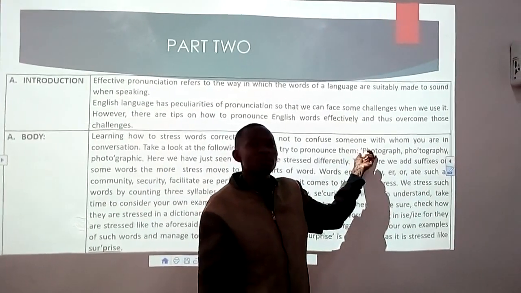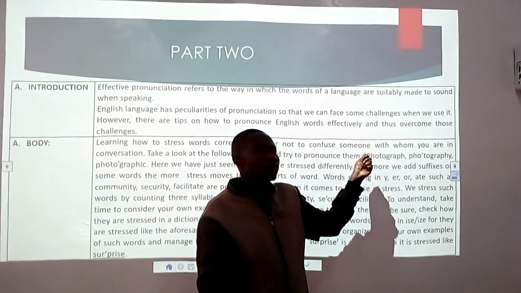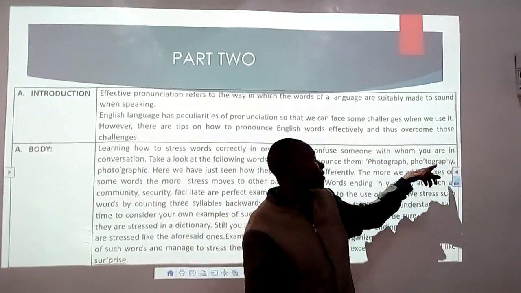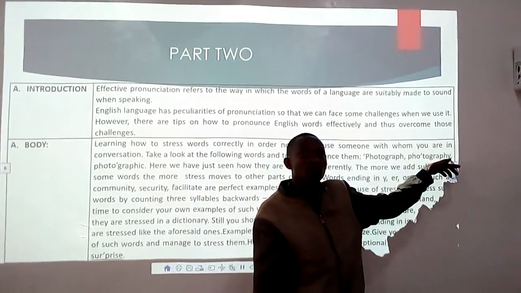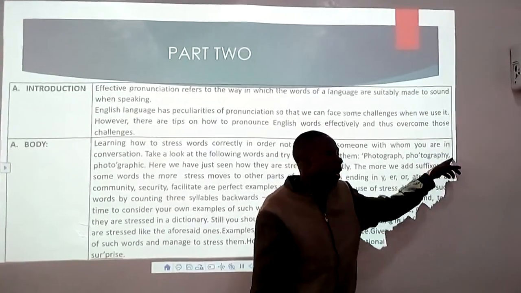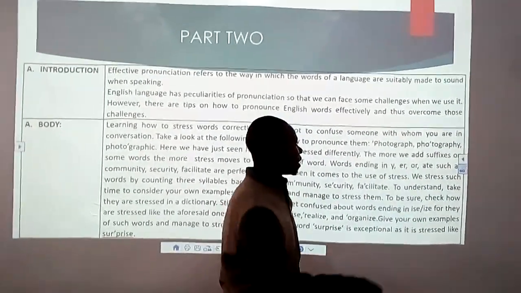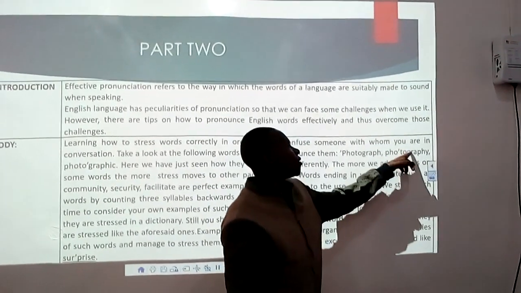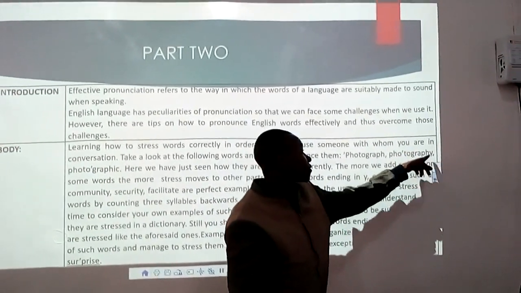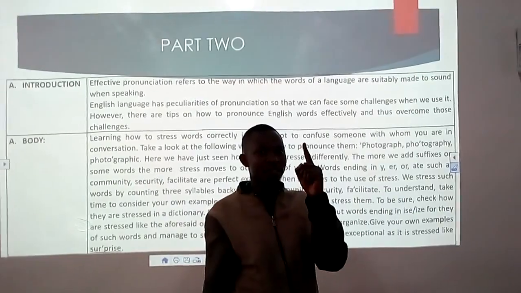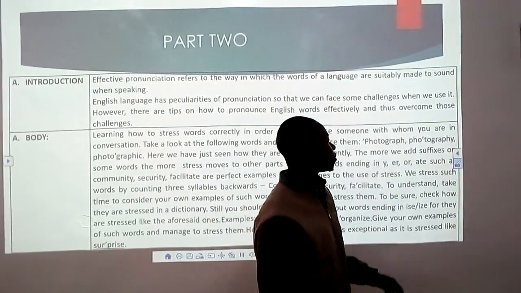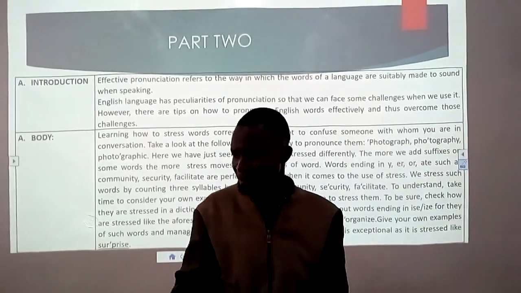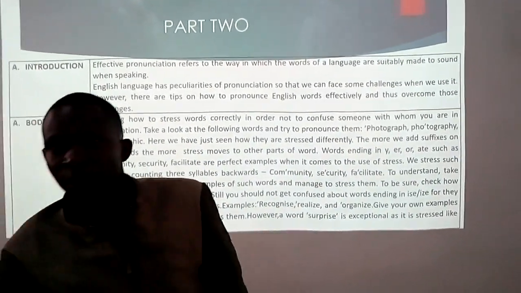Why did this stress move? This stress has moved because of the fact that we have added the suffix here. Okay, we have added the suffix here, y. Okay, why so? Why can't I put the stress here on G? It's because of this y. If you have been given such a word, make sure that you start here and work like this.